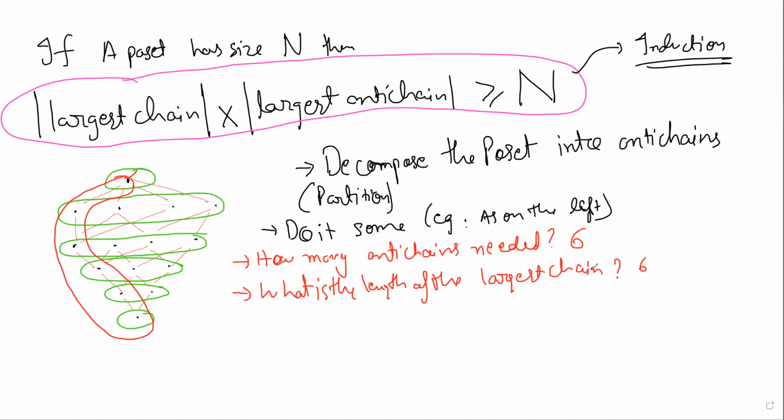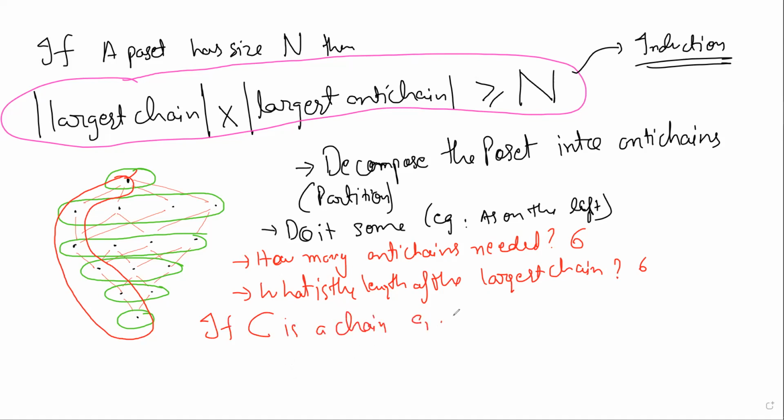Yes, that's right. Just to say it in a slightly different way, if you have 6 things in the chain, then you will need 6 anti-chains, right? Or to say it differently, if you take any chain, then 2 elements of that chain cannot belong to the same anti-chain, right?